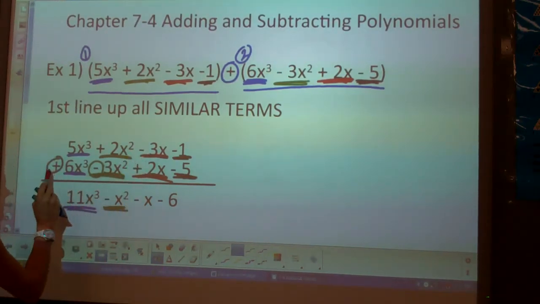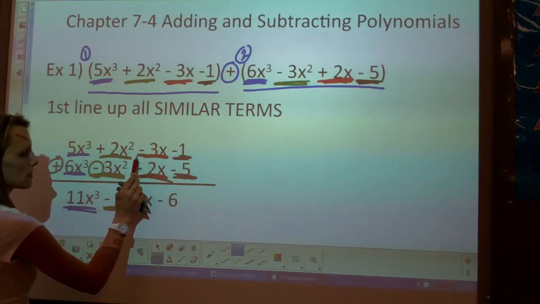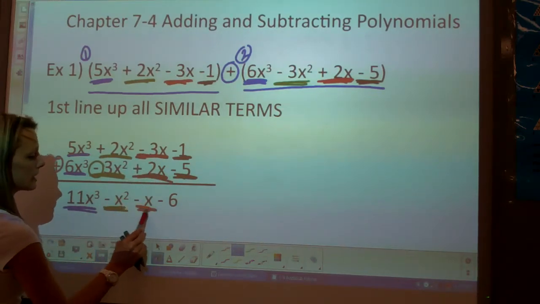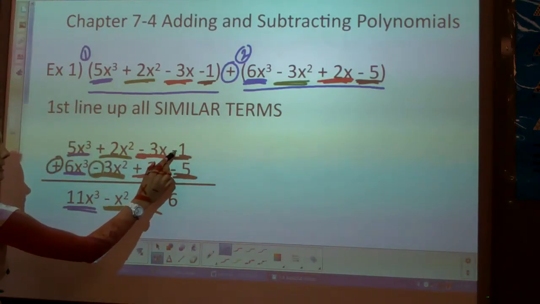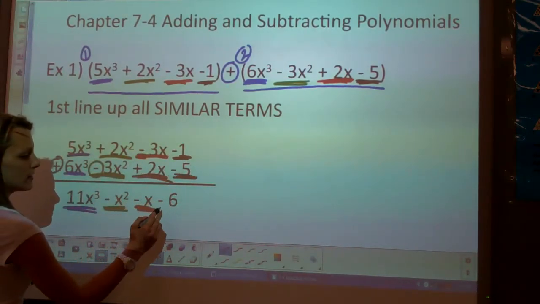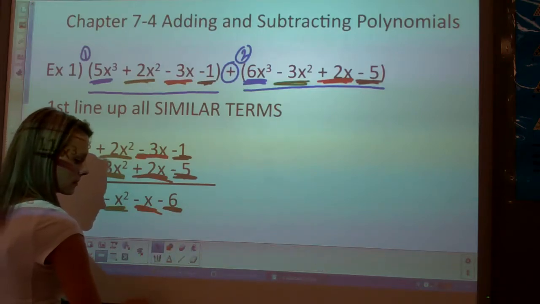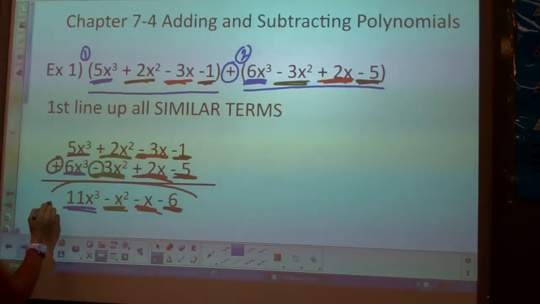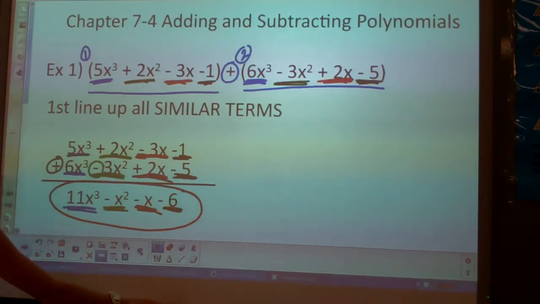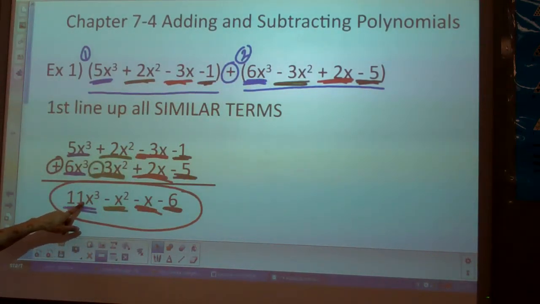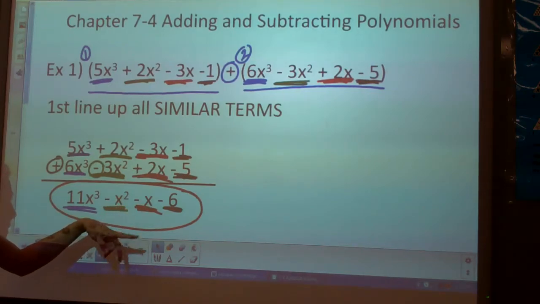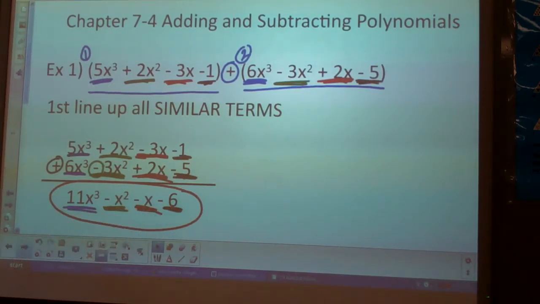Our negative 3x plus a positive 2x, remember the charge, gives you a negative x. And last, a negative 1 plus a negative 5 gives you a negative 6. So when you add these two polynomials, your answer would be 11x cubed minus x squared minus x minus 6.